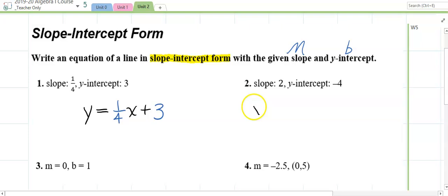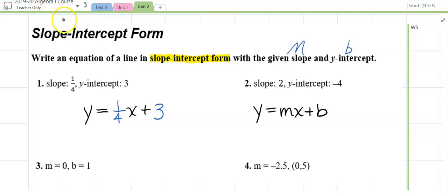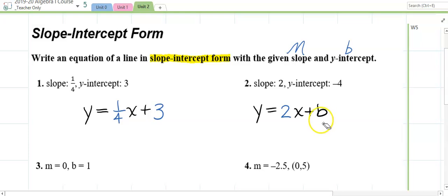Let's try the next one. Y equals mx plus b. We're going to take out the m and replace it with the slope. Then for the y-intercept, we're going to take out the b and replace it with the y-intercept. But you've seen enough of these videos to know that I can't stand when we have double signs.